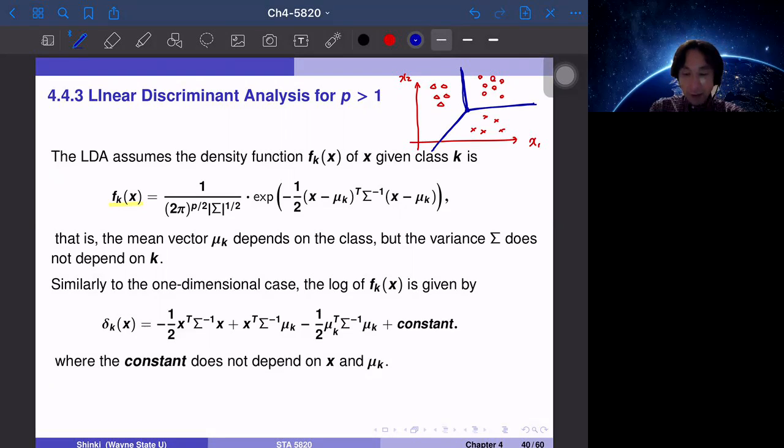To derive that, we have to solve f1 of x equal to f2 of x, or in general, f_i of x equal to f_j of x. If the densities are equal, then we are on the edge. The probability that the observation belongs to class 1 and the probability that it belongs to class 2 are the same.